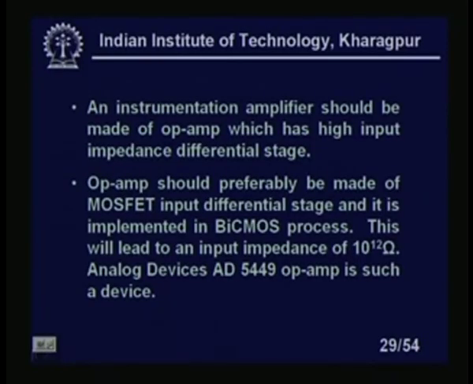This will lead to an input impedance of 10 to the power 12 ohm, almost 1000 gigohm. Now, the Analog Devices AD549 op amp is such a device which can be safely utilized for measurement of pH value.